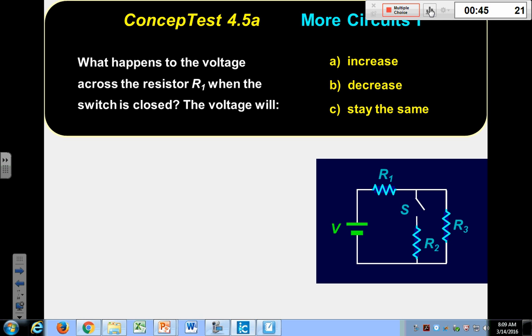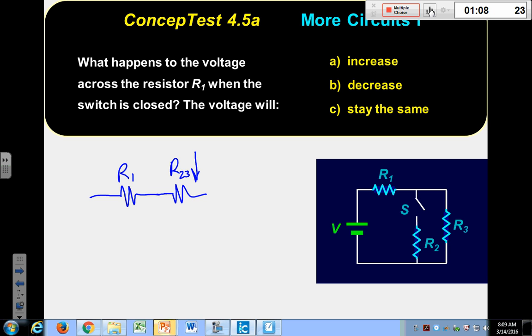Here, let me step you through this. If I close this switch, what happens to the equivalent resistance here? Does it go up or down, of these two in parallel? I'm adding a resistor, so the equivalent resistance gets smaller. So I can think about this as R1 and then R23.